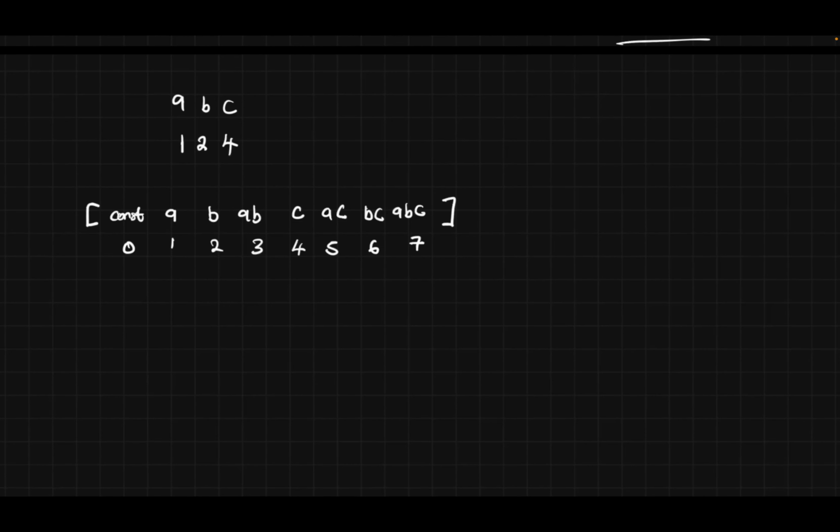Then if you look at AC, A is 1 and C is 4. So AC is 5. To sum, ABC is now 1 plus 2 plus 4, which is 7. Does that make sense?